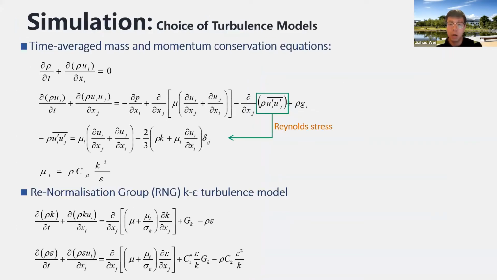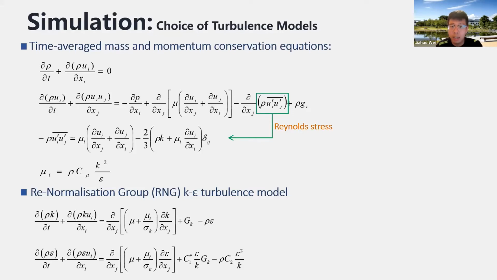Then its simulation part. The time averaged mass and momentum conservation equations can be written respectively like this. As we know, the Reynolds average Navier-Stokes equations can always be closed by the principal turbulence models, such as the standard k-epsilon model and the relatively improved models called renormalization group and realizable k-epsilon models in commercial CFD.